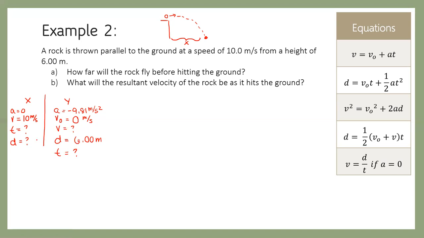We're missing 2 pieces of information here, but there's still not enough for us to solve this question because the only equation we have for the x direction is this one. This is our x equation. It uses velocity, distance, and time. And we're missing 2 of the 3 pieces, which means we cannot calculate this piece yet.